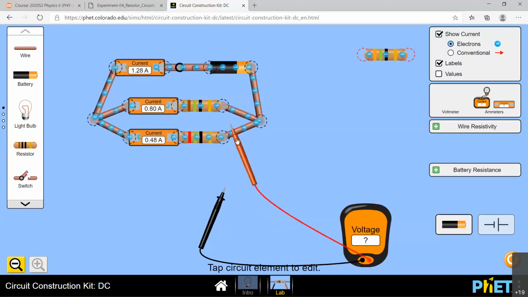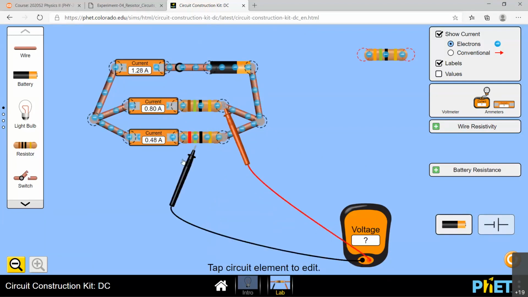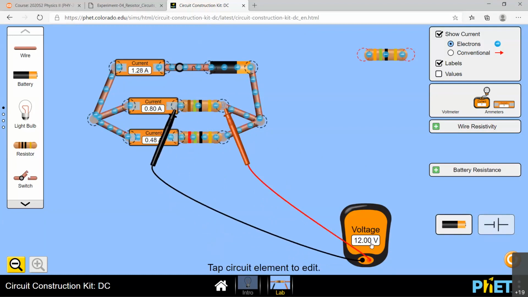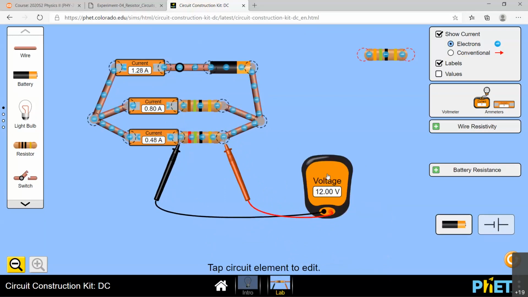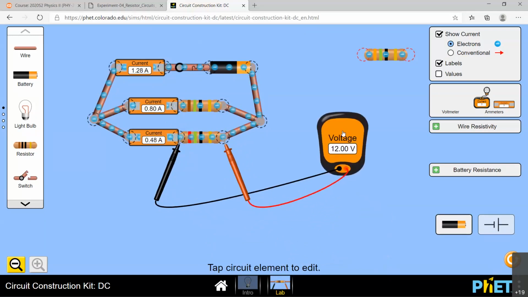Now, if you measure the voltage across this resistor, you can see the input voltage is 12 on the battery. And if you do the same measurement across the other resistor, it's still 12, right? So now you have a complete circuit diagram for two parallelly connected resistors. Question. Good.